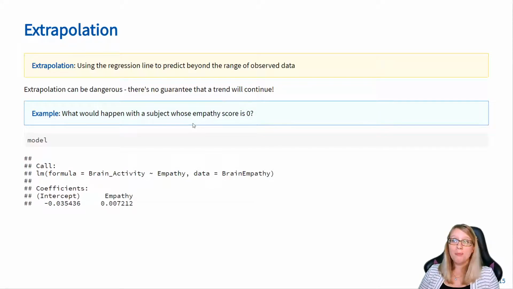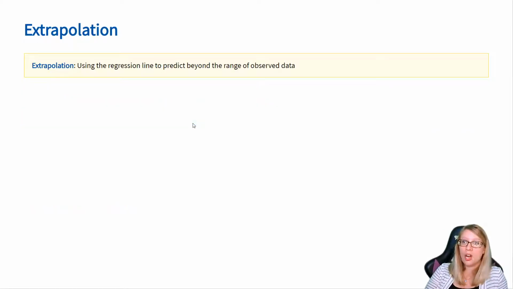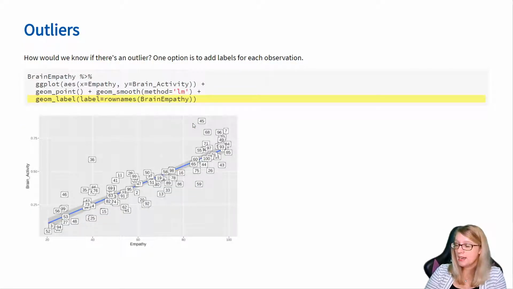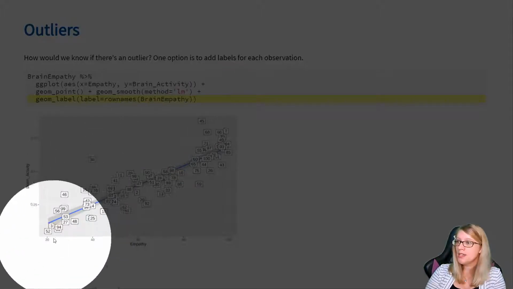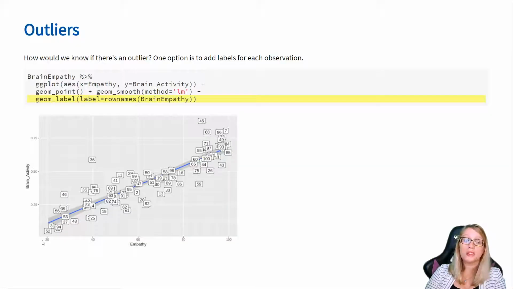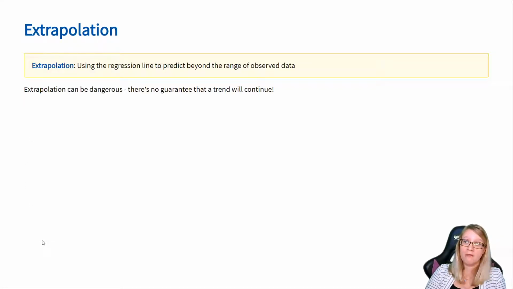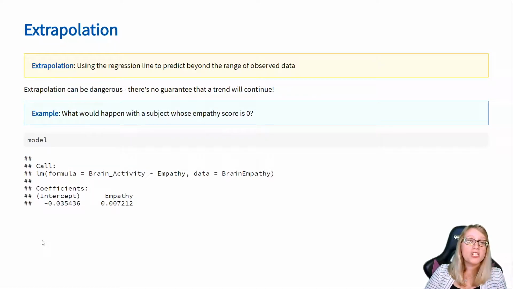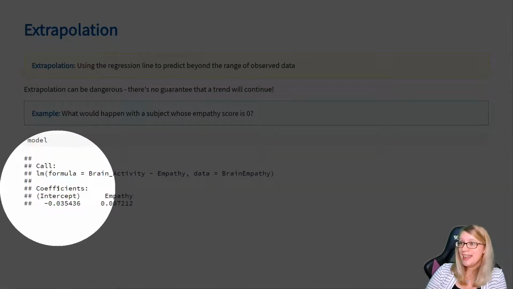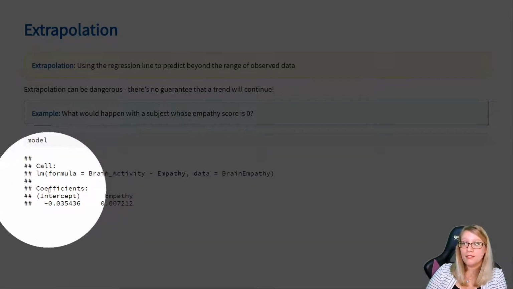So for example, if we take a look at a subject whose empathy score is 0, let me go back to the slide previous to show you that the lowest empathy score we observed was around 20 on this inventory. If we predict the brain activity for a subject with empathy level 0, what we end up getting for our intercept is a negative level of brain activity.